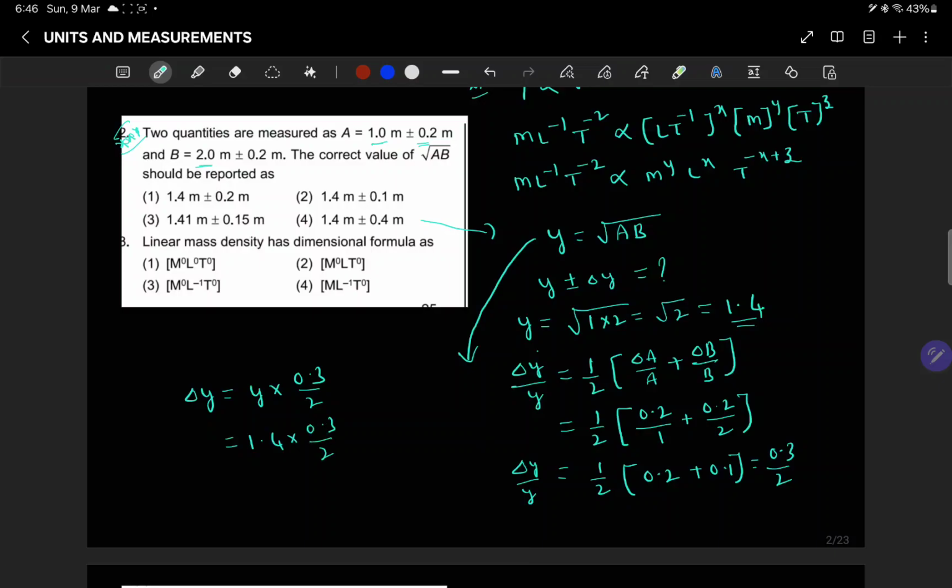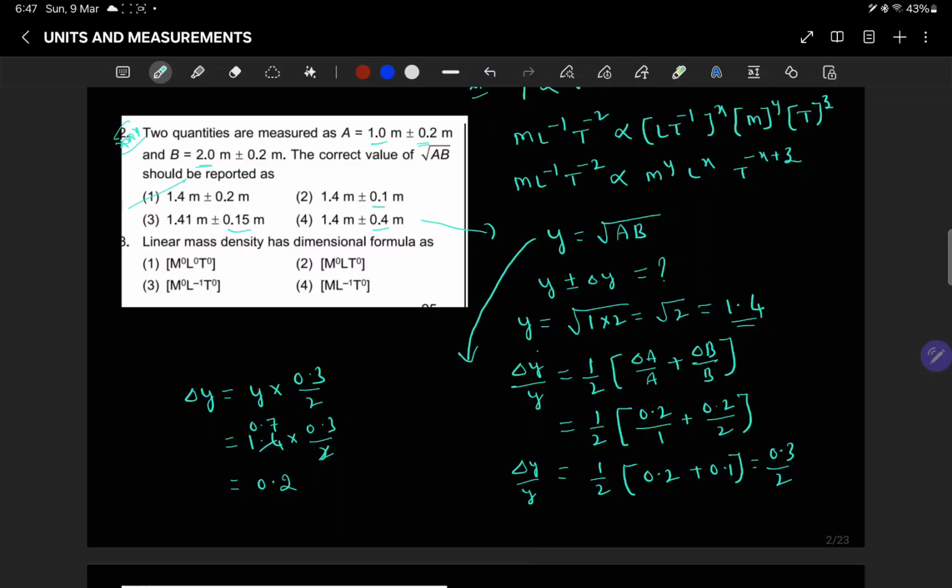So 0.7 into 0.3, 7 into 3 is 21, so 0.21, which is 0.2 only. You see the options here: 0.15 wrong, students, 0.1 alone wrong, 0.4 wrong. 0.2 is the answer.